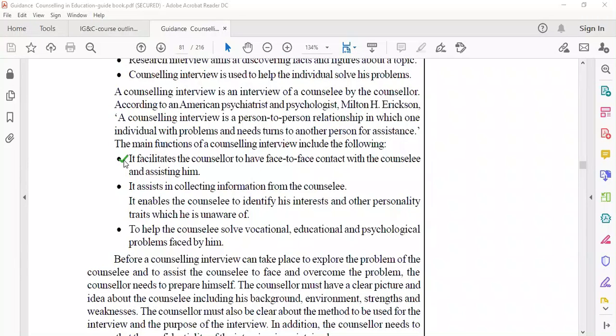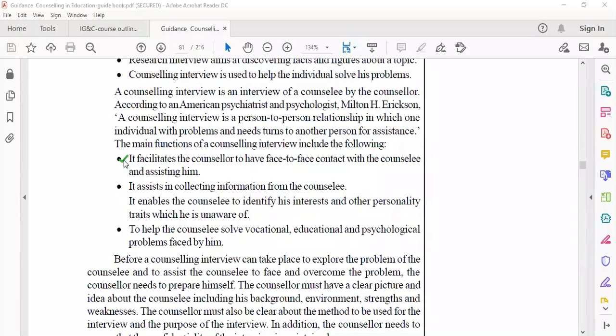Structured interviews are those in which a teacher asks pre-planned questions and doesn't deviate from those questions. He asks only those questions. Usually, structured interviews are conducted when the teacher is using a protocol or a standard guide of guidance and counseling, or is collecting a particular piece of information that he has been asked to collect from the students.